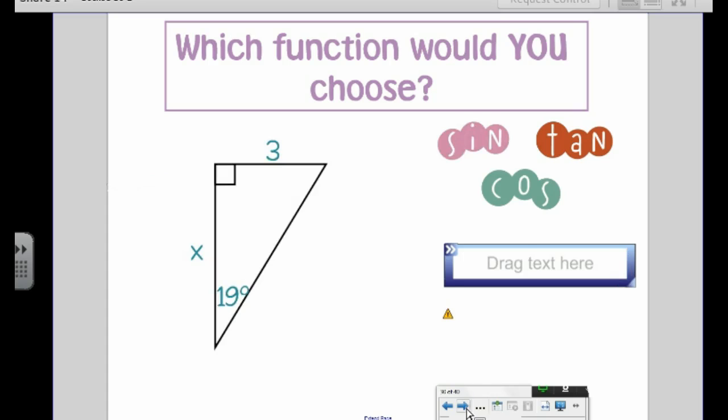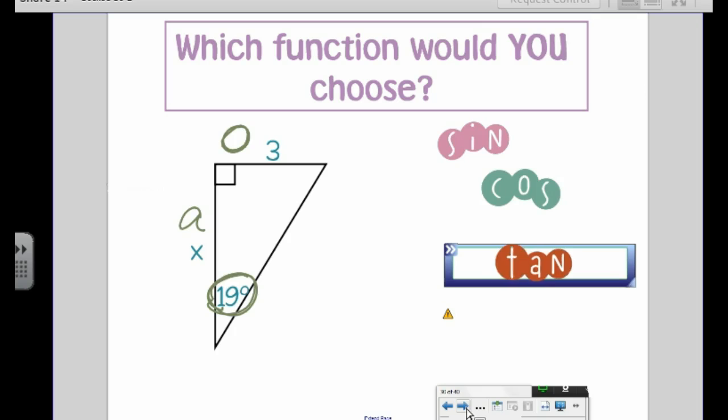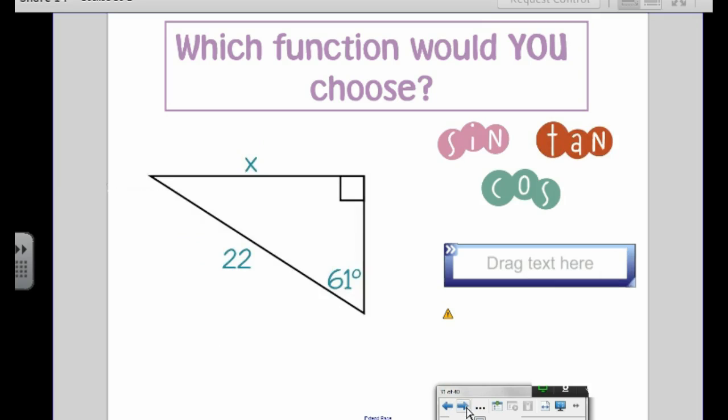All right, next one. Think about what you would choose. Here's the angle. Opposite, adjacent. So it's the TOA part of SOHCAHTOA. That would be our tangent function. You doing okay? Next one. 61 degrees.